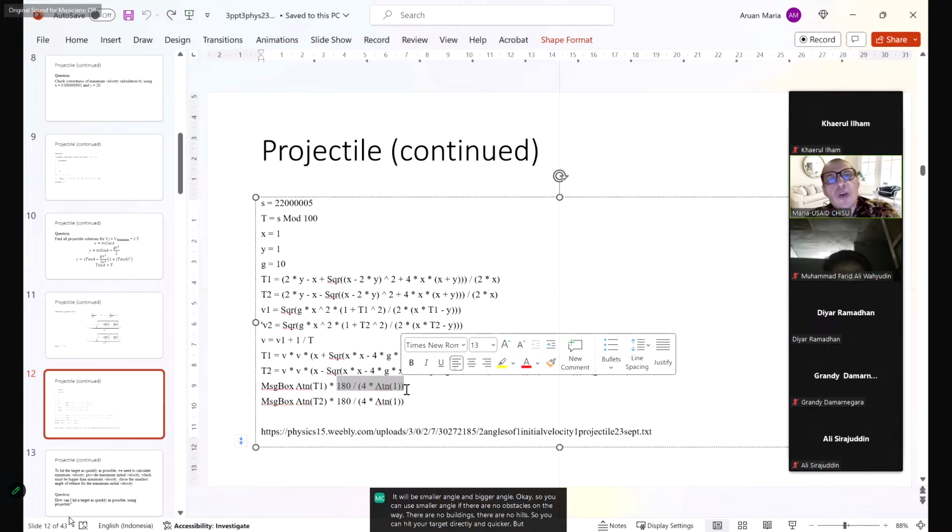But if you have obstacles like hills or buildings, then you might need to use the bigger angle of release so that your projectile will fly over the obstacles. Is that more clear now?